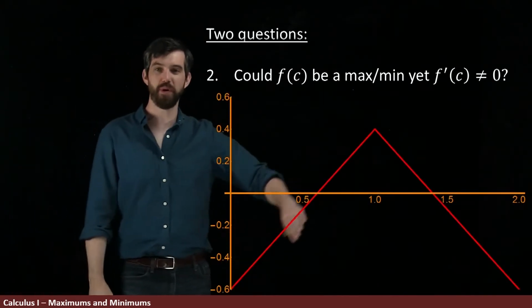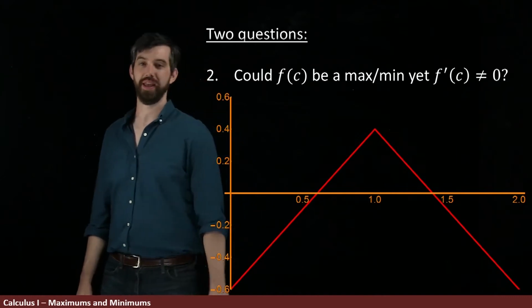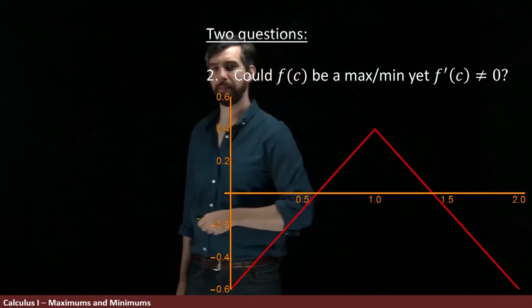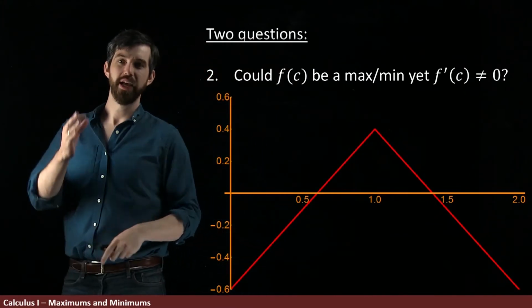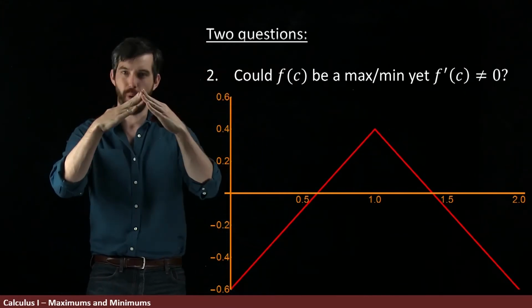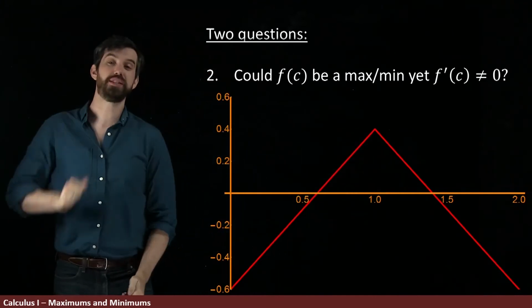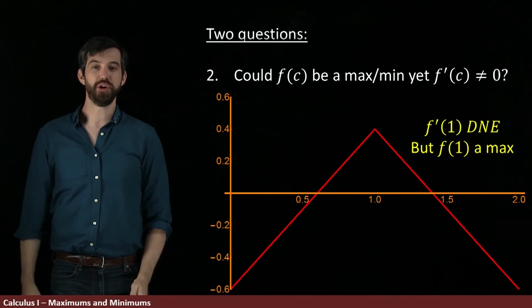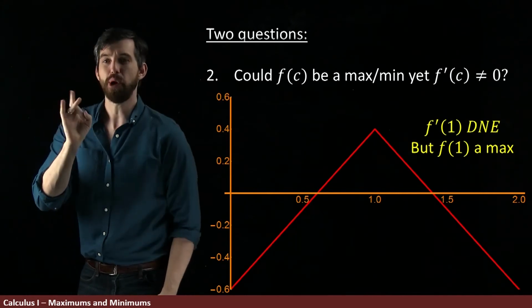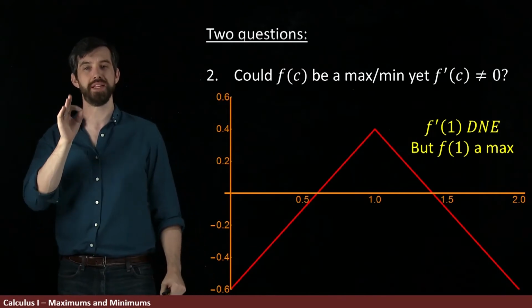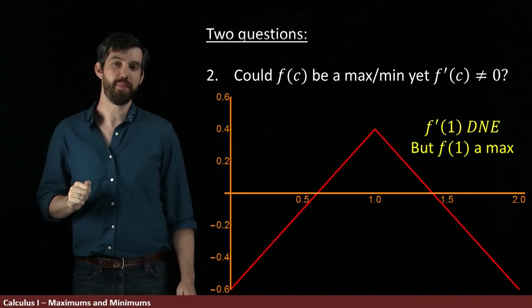So this is an example that has some sort of absolute value in it. And what we have here is this corner right at the top. One of the things that we know is that the derivative at any cusp point does not exist. Yet clearly from our picture, that looks like a maximum. So I will say that the f prime of 1, the derivative at the value of 1, does not exist, even though f of 1 itself is still a maximum.